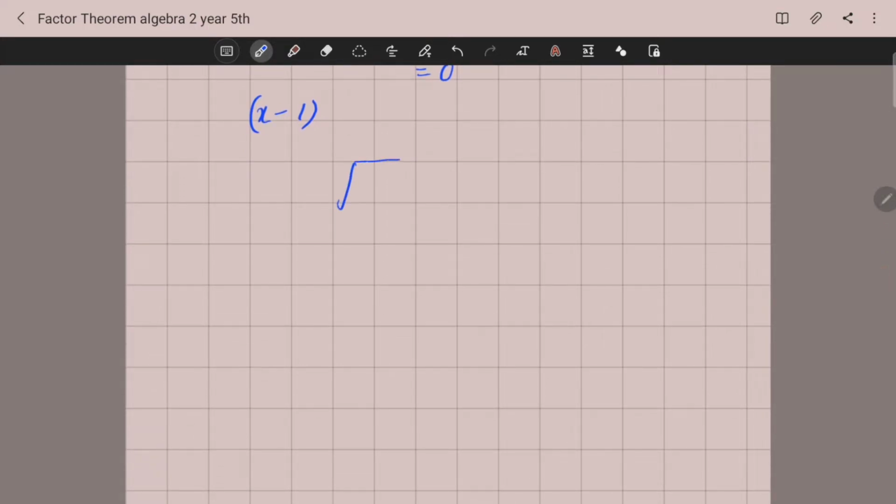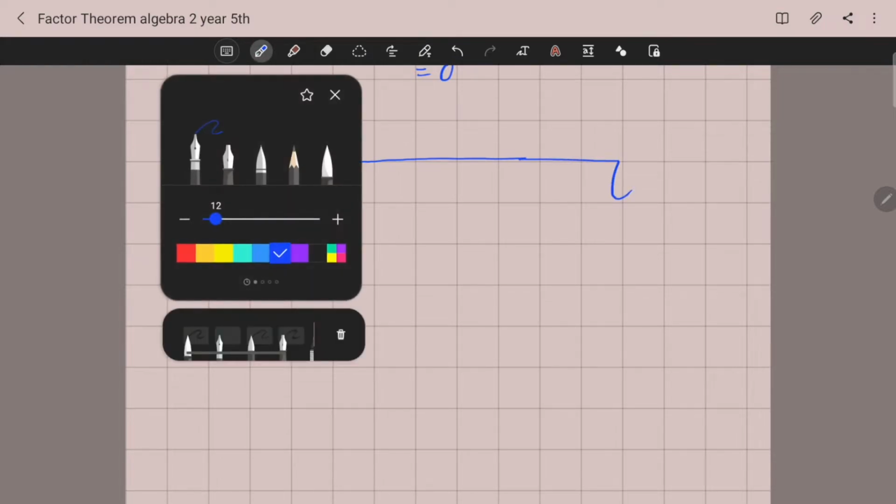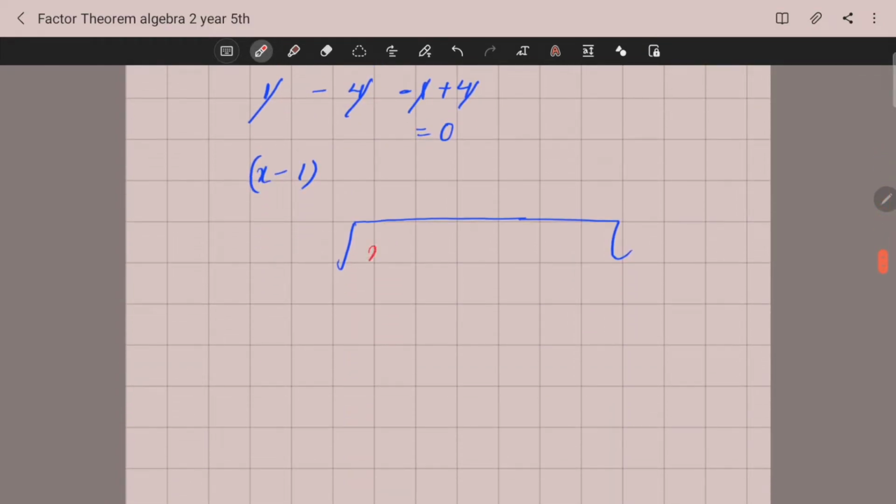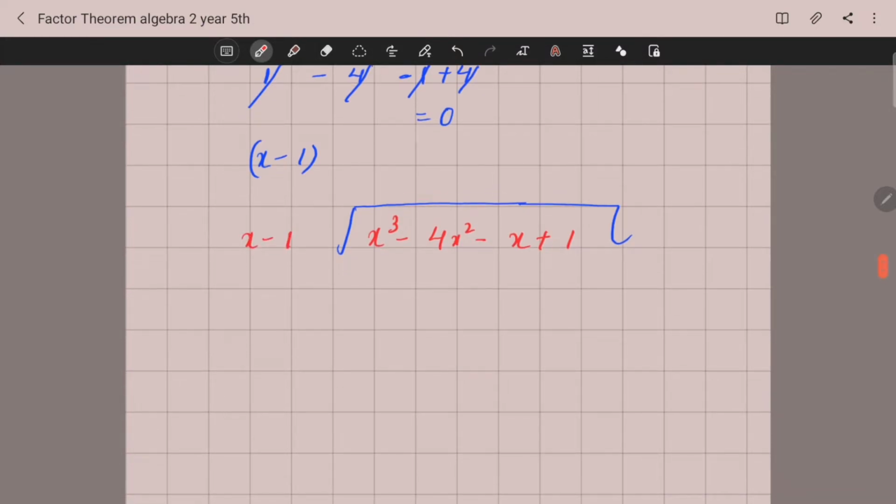So we have x cubed minus 4x squared minus x plus 4. Now we'll use x minus 1 over here to find other factors. How can we use this? Always see the first term given in the question.